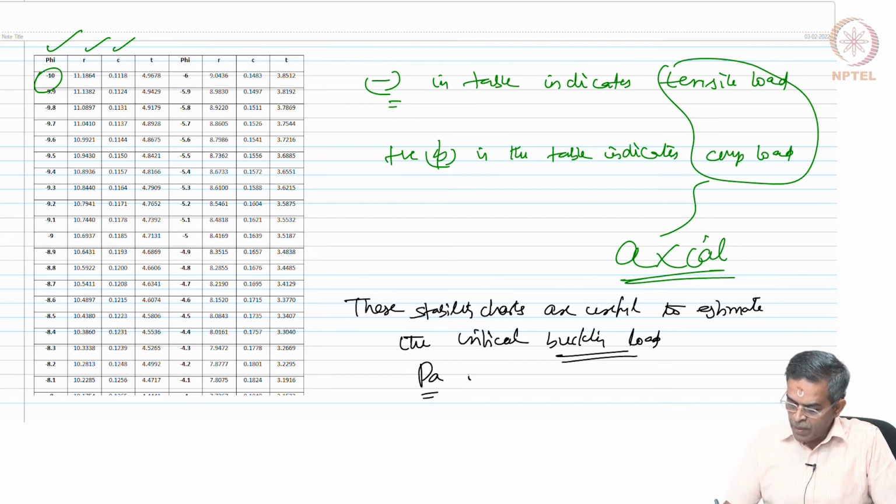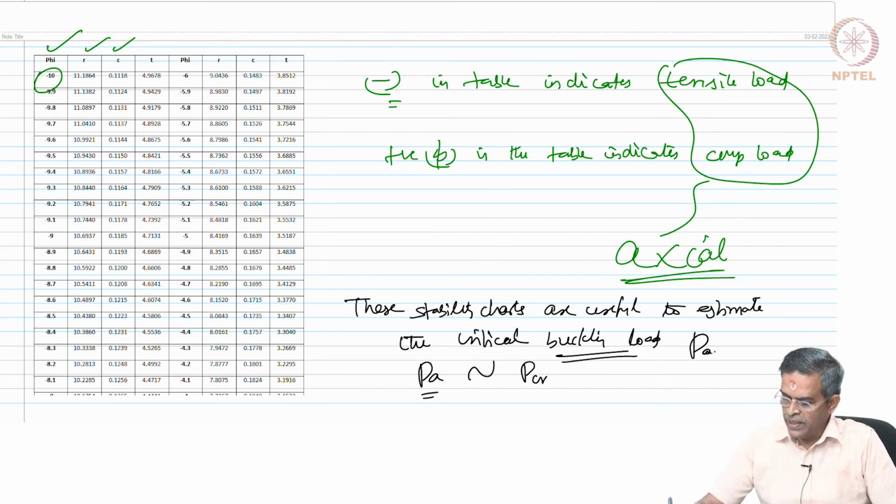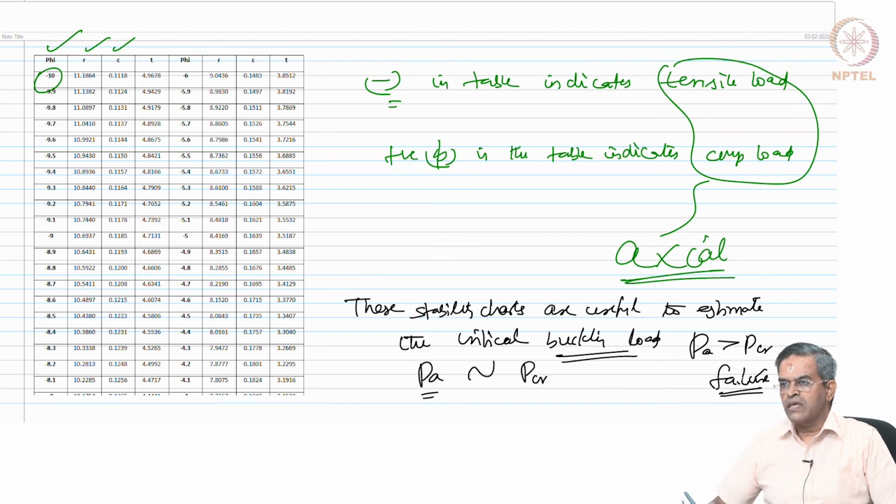Now, PA will be compared with buckling load, and if PA exceeds buckling load, then it is a failure, is it not? So, to ascertain whether the structure will have a stability failure under the given load, you must know the capacity of the structure to sustain its stability. That is available from PCR. We already discussed that in the stability theory earlier, Euler's criteria.